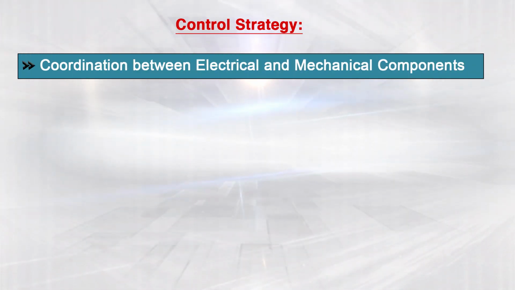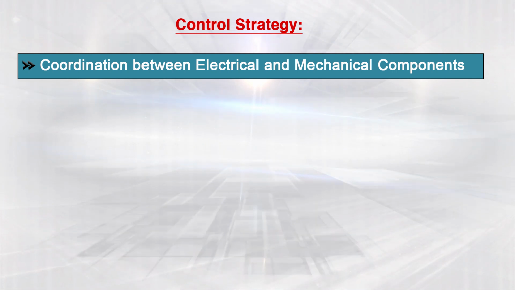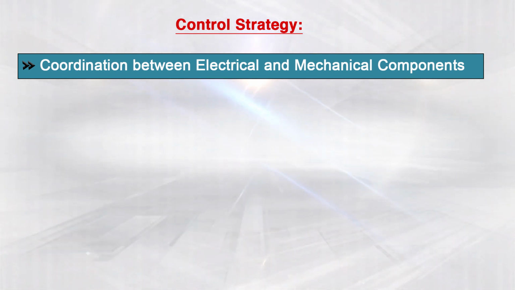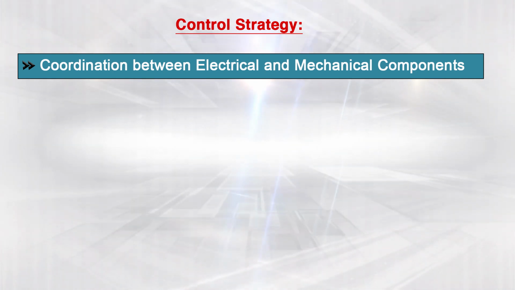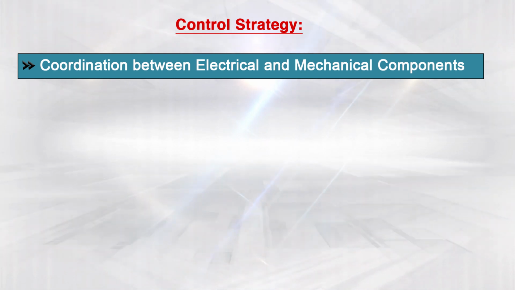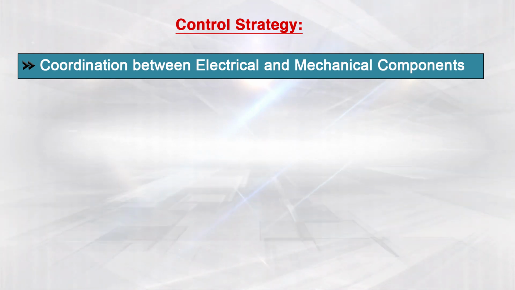Creating coordination between electrical and mechanical components ensures smooth interaction between the electric motor and IC engine in a hybrid electric vehicle. So, these are certain factors which should be taken care of while defining or designing the control algorithm.